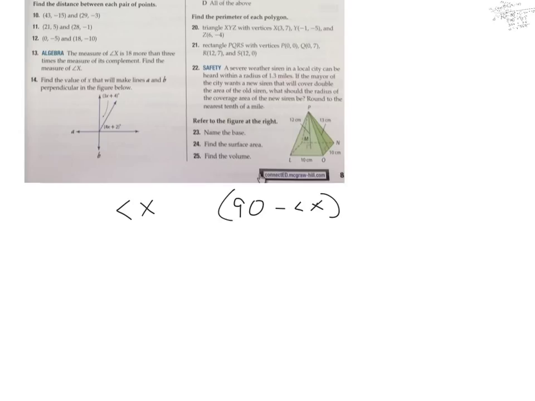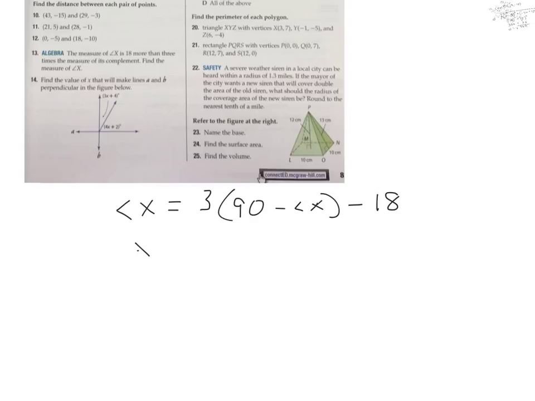Right? Because if I add them two together, they'll equal 90. So if you know one of them, you subtract it, and you'll get the other one. All right. So if angle x happens to be 18 more than 3 times its complement, that means if I subtract 18 from 3 times its complement, then that will be equal to angle x.